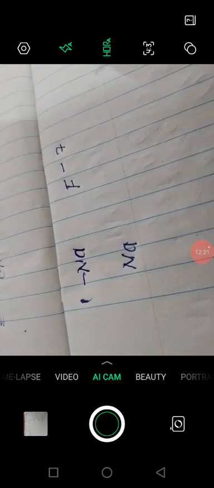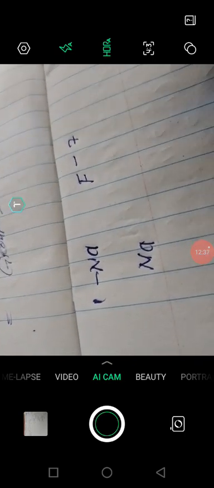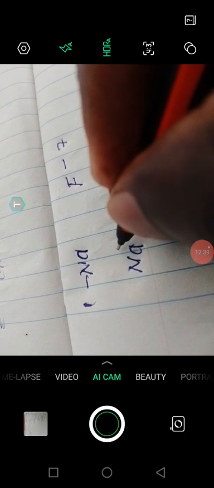Sodium is in group 1 and fluorine is in group 7. Group 1 elements are metals, so sodium contains a positive charge, which is positive 1. Also fluorine is in group 7.